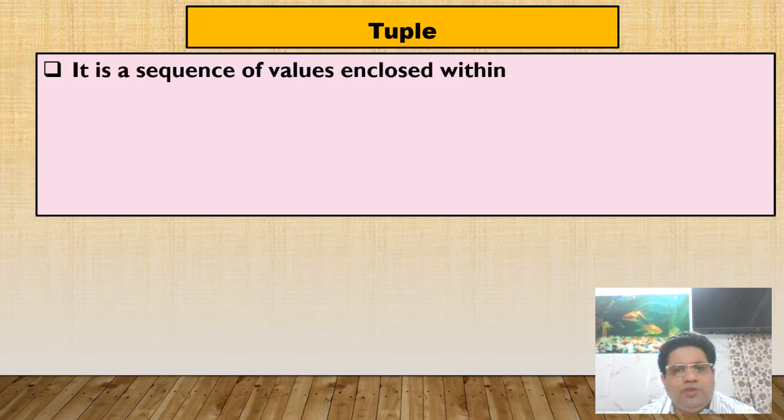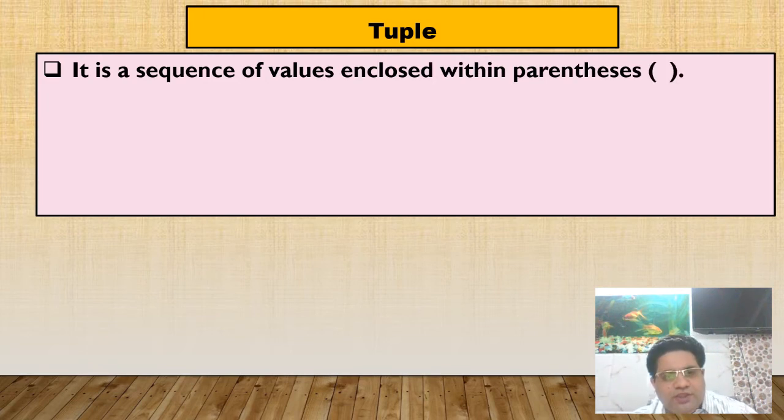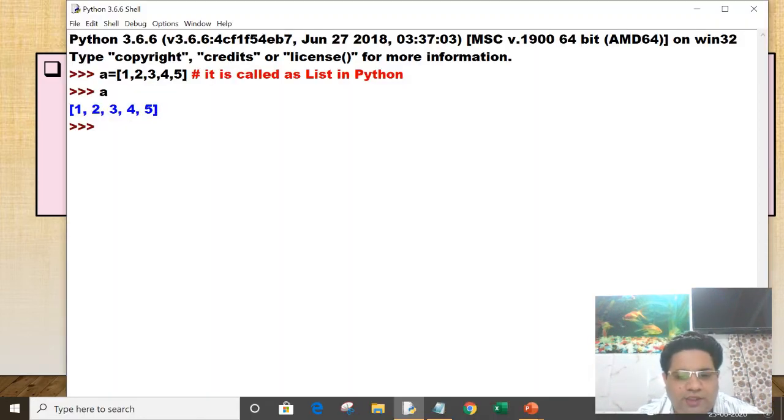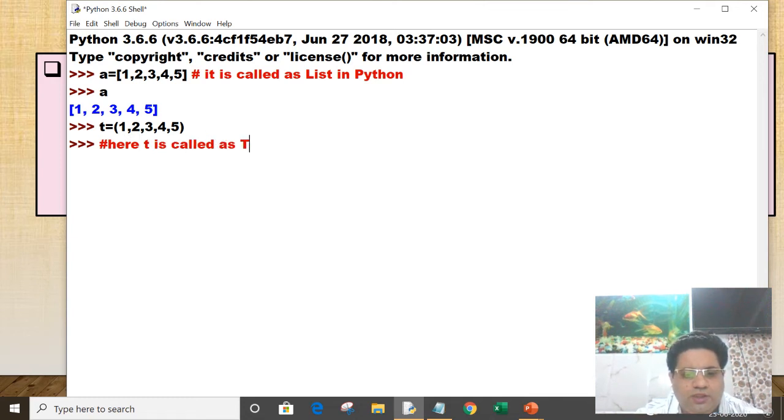Now what is a tuple? It is a sequence of values enclosed within parentheses. See, now if I write t equal to, and within parentheses I write 1, 2, 3, 4, 5, and now if you print t, it is known as a tuple. So here t is called a tuple in Python.